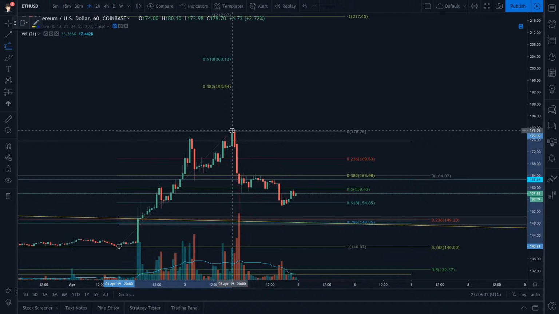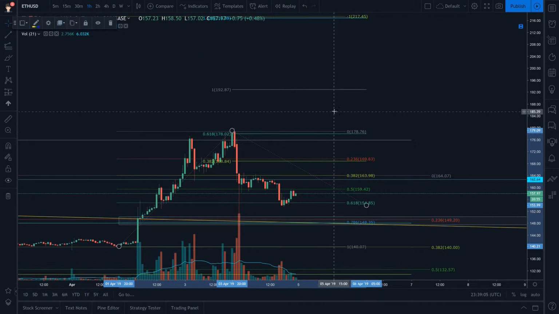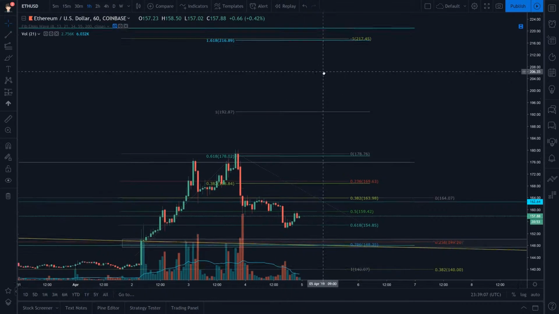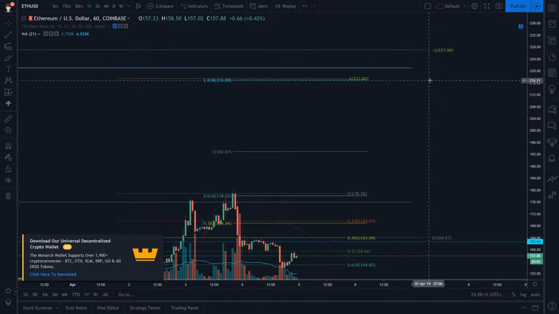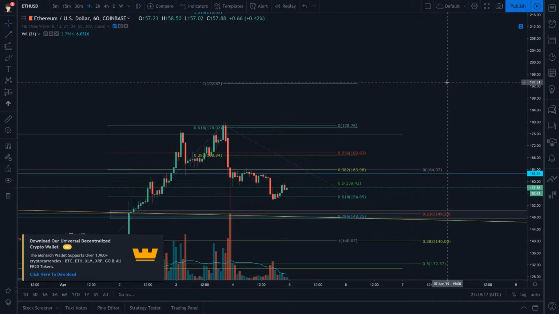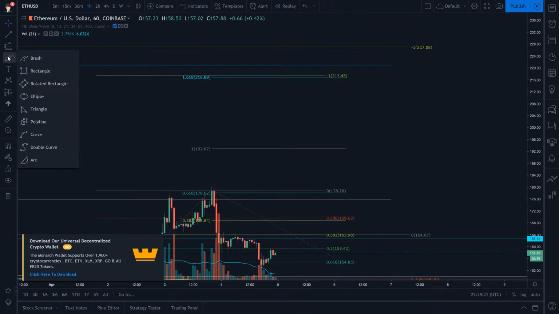Do something like this. 1-to-1 would be 192. Look what we have. Everything is kind of pointing to this 216, 220 range. So, you know, that's not looking too bad right now. A lot of confluence in this zone.